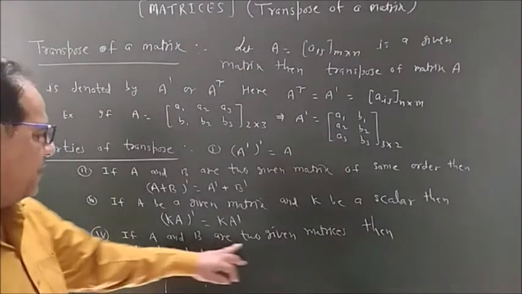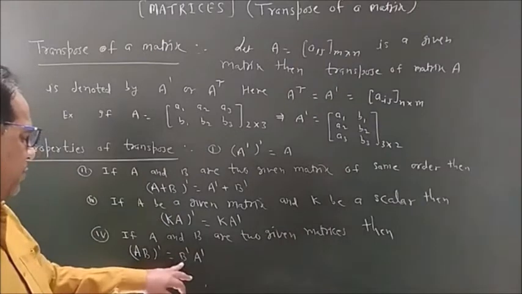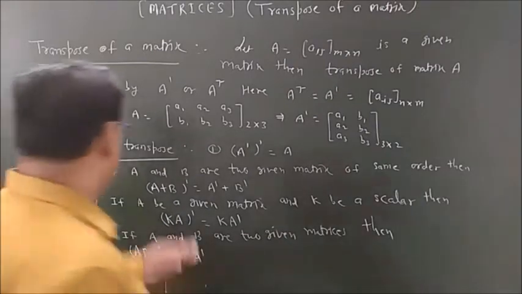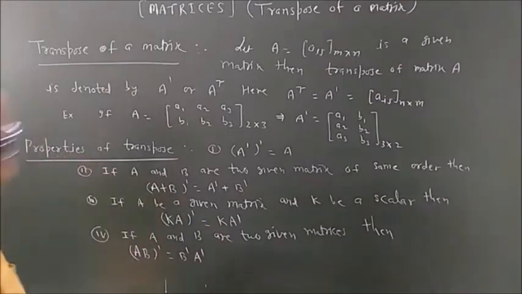If A and B are two given matrices, then the transpose of AB equals the transpose of B into the transpose of A. So these are some important properties of the transpose of a matrix.